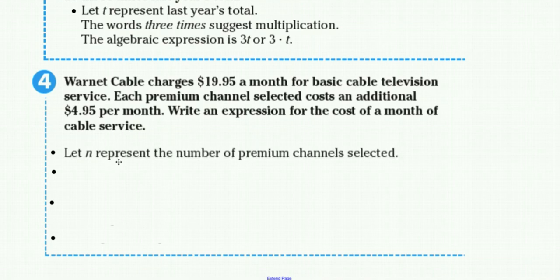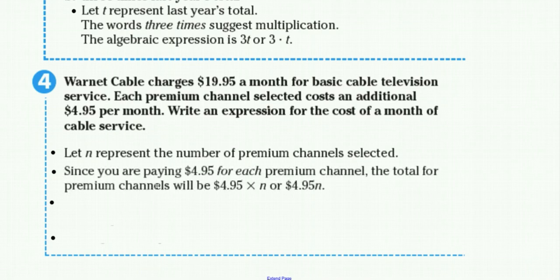Let's analyze. Defining the variable, we will let n represent the total number of premium channels selected. Since you are paying $4.95 for each premium channel, the cost of the premium channels will be 4.95n. That is our expression.